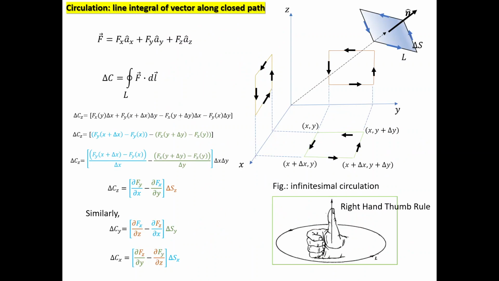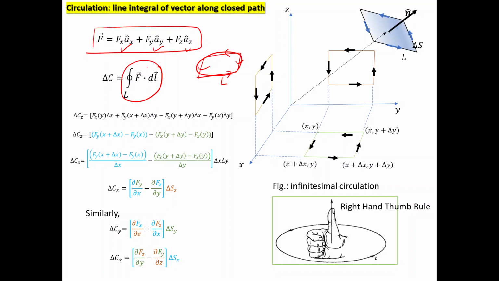Now this circulation, let's say we have any vector field f with components along x, y in that direction. For this vector field, suppose any closed loop is there of length L, then its circulation over this loop is given by the line integral, which is a closed one, over this path.